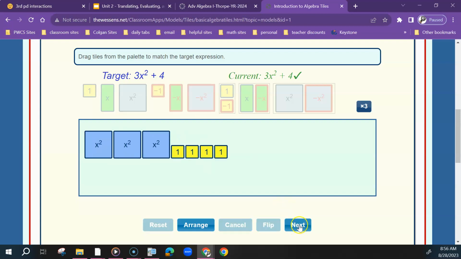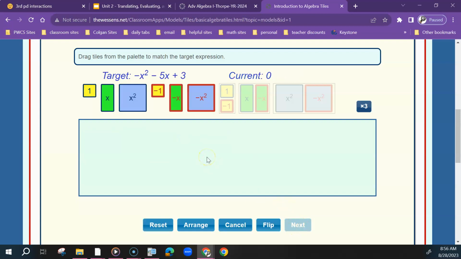Okay, let's go on to a little bit harder. So now we have all 3 things: x squared and x's and the constants. Tell me just one of those things. Vanessa? This one? Okay. Oh, I forgot, I'm on times 3. Alright. One of the other ones. Ashley? 5 negative x's.